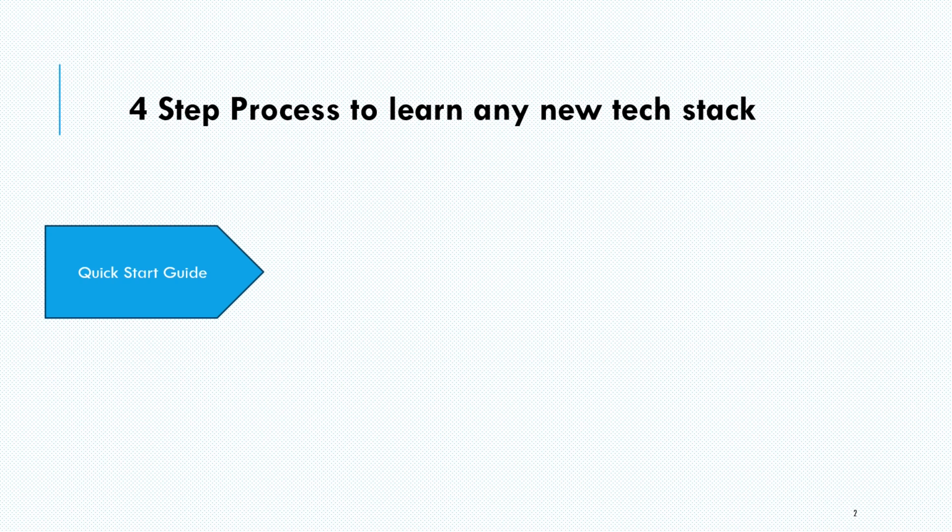So it might not make you an expert in that particular technology or framework, but it will give you a good start, right? So that will give you context. Then you can build up on that context and become more well versed, right?